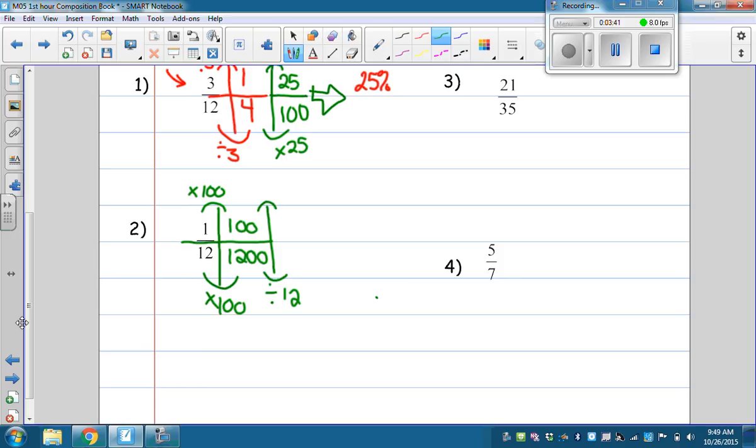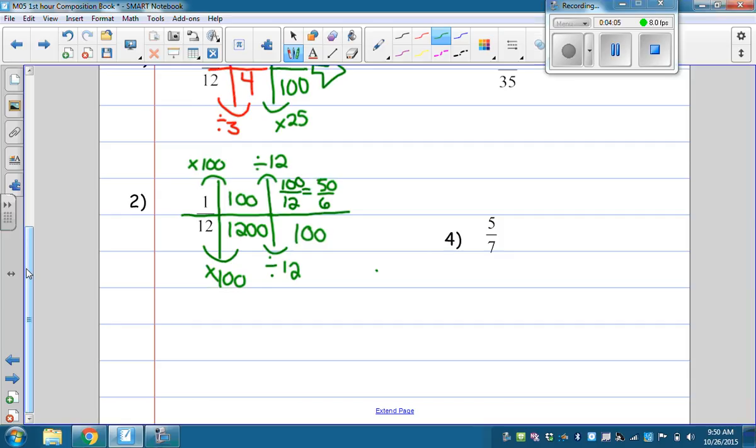And so if I divide by 12, at this point I could do long division. I could write this in fraction form and reduce it to 50 over 6 and then do long division. I'm really close. Okay? So Jordan, can you get that even more simplified?